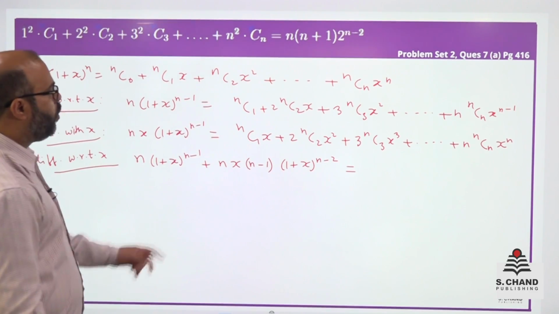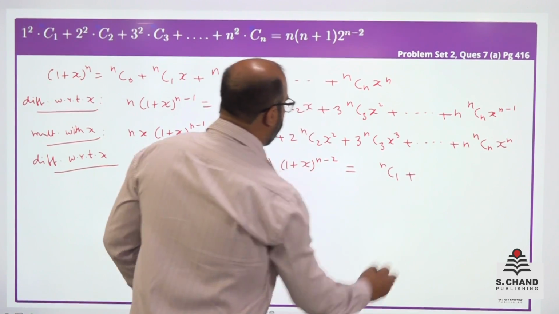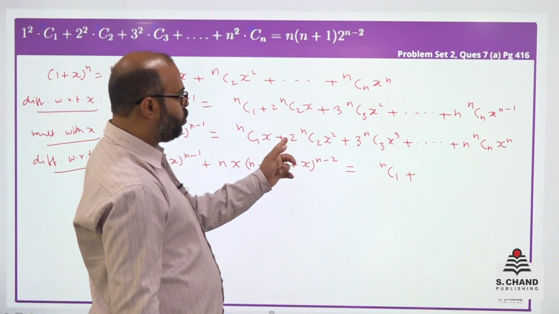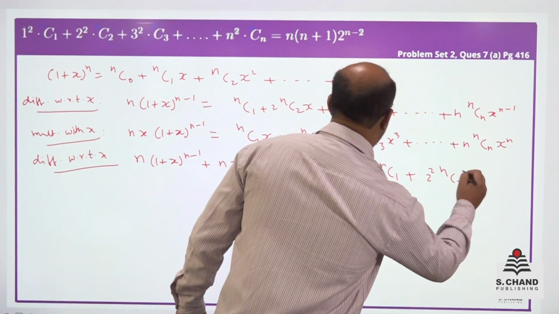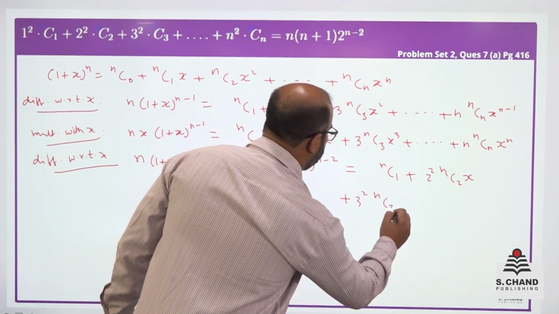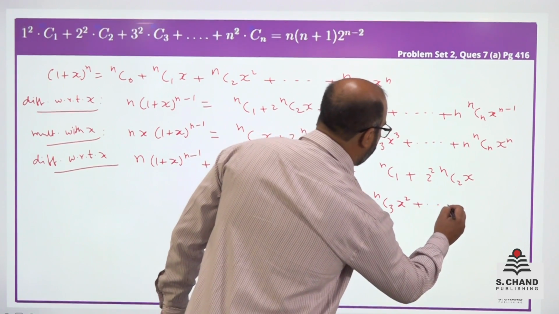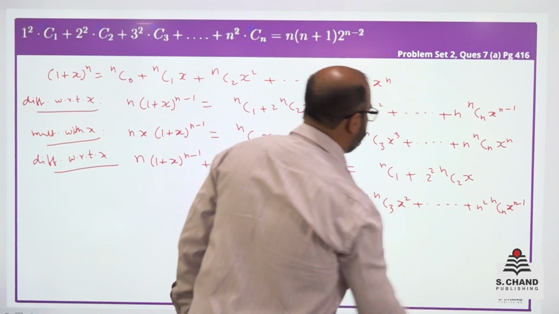Now this is equal to, on the right hand side, nc1 plus 2 square nc2 x, then plus 3 square nc3 x square, and so on, n square ncn x to the power n minus 1.